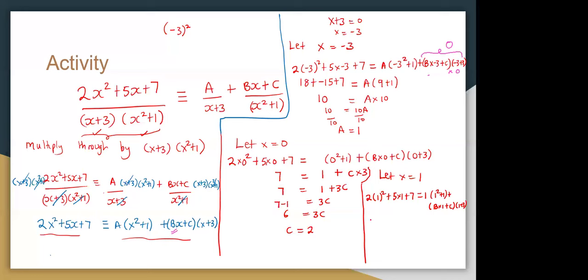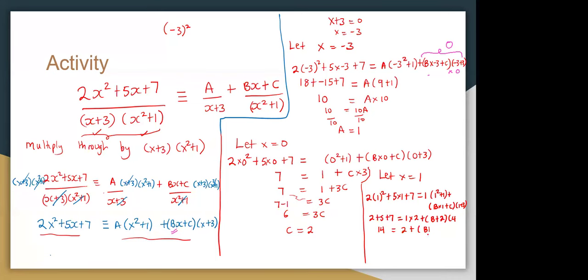So this side, I'll have 2 plus 5 plus 7 equaling to 1 times 2 plus B plus C we have as 2, then into 4. So then you are going to collect your like terms there. So let's collect our like terms. This side I'll have 14 equaling to 2 plus, here I'll have B plus 2 everything into 4.